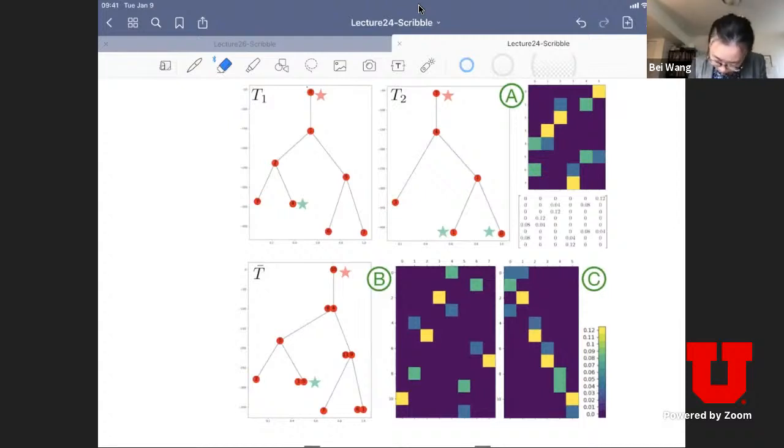For example, if I look at the particular column in the input tree T1, it has node 6, and node 6 is correspondingly mapped to both node 1 and node 6 of the average tree.